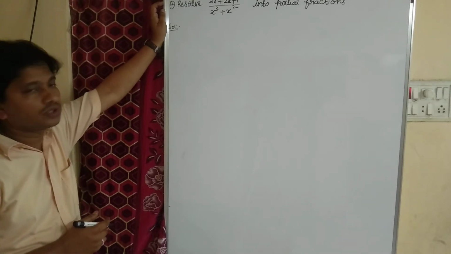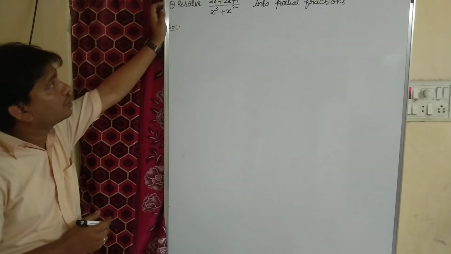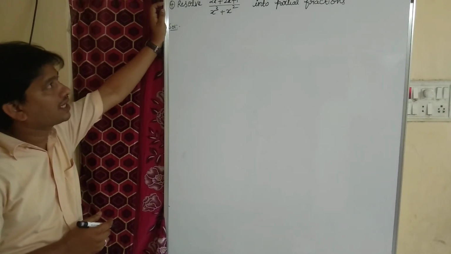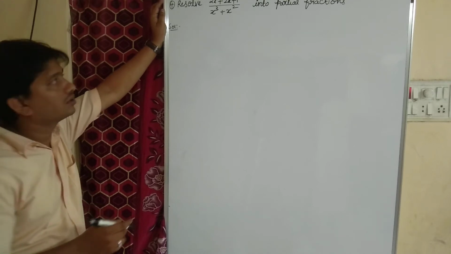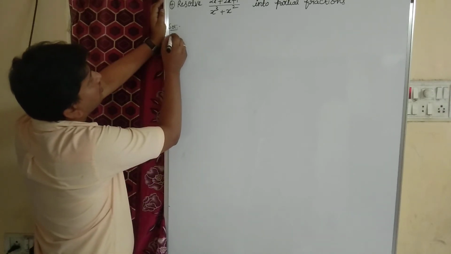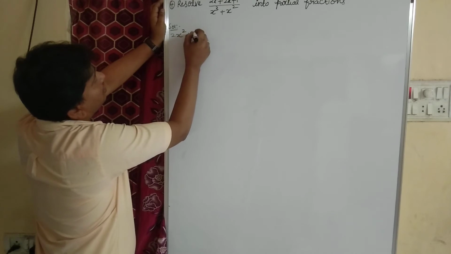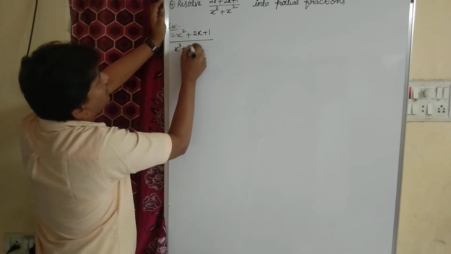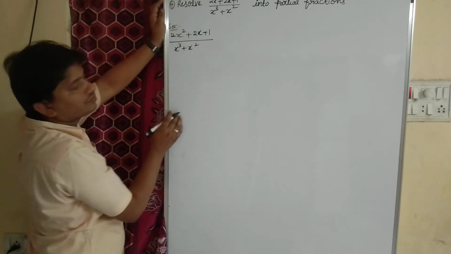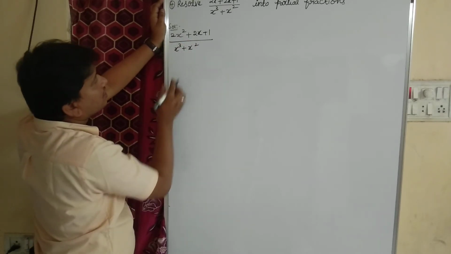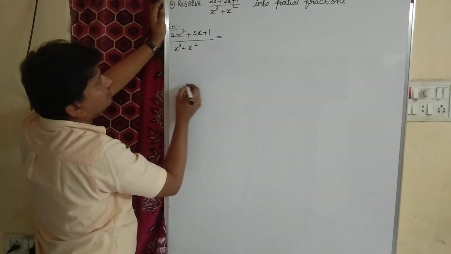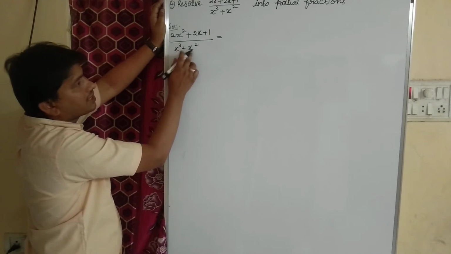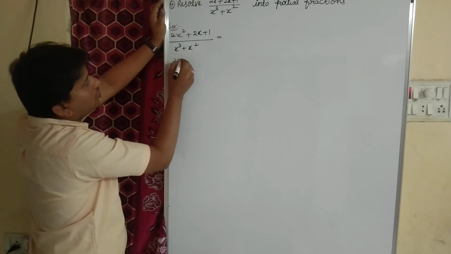Now coming to fourth question, resolve 2x square plus 2x plus 1 by x cube plus x square into partial fractions. The given general equation is 2x square plus 2x plus 1 divided by x cube plus x square, right? How can I write this? If you observe the denominator, we have x cube plus x square.